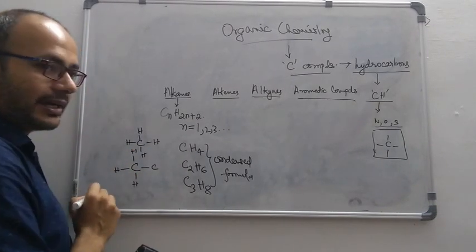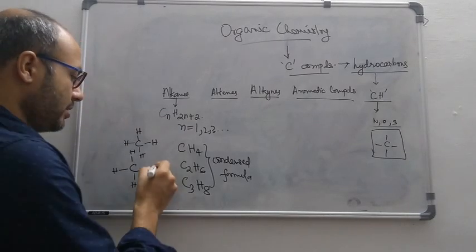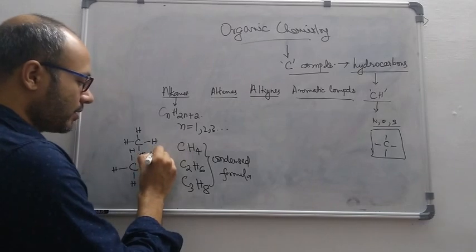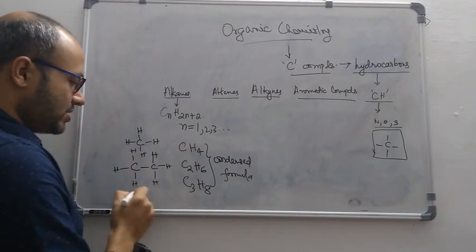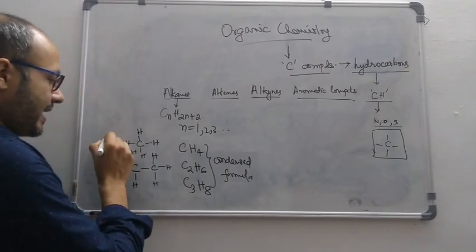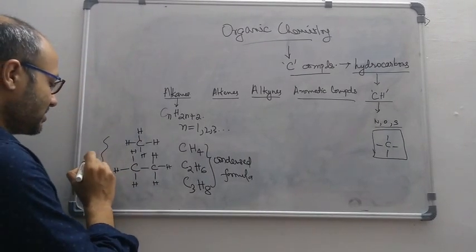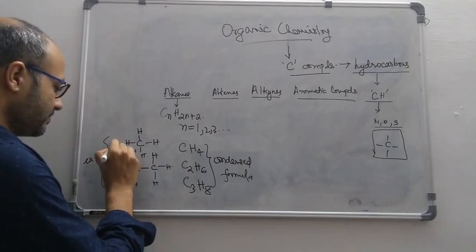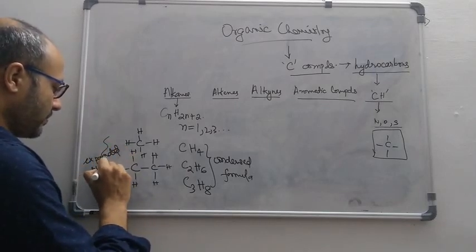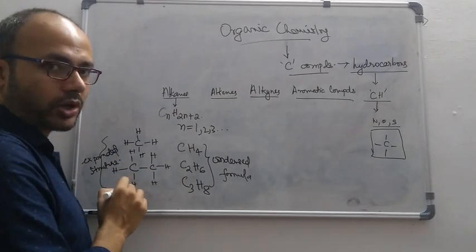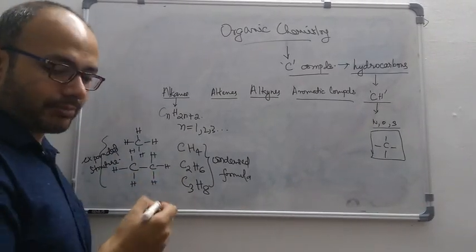Hydrogen is a monovalent atom. It can only form one bond. Similarly, you have these. So for C2H6, the condensed formula is this, and this is the expanded chemical structure. Okay, so you should be able to draw it now. You understood what this means.